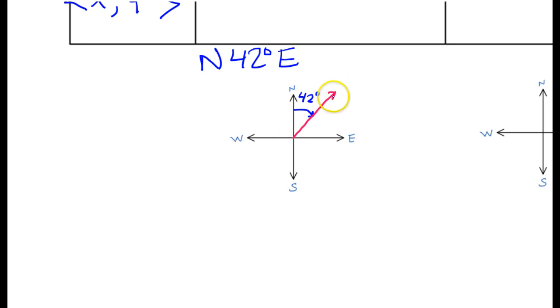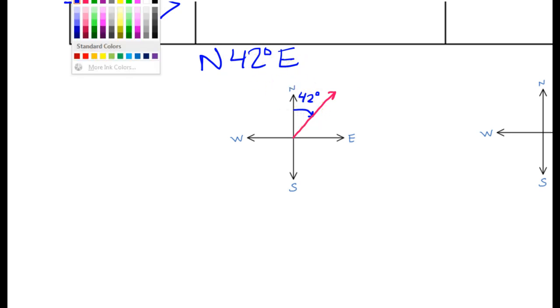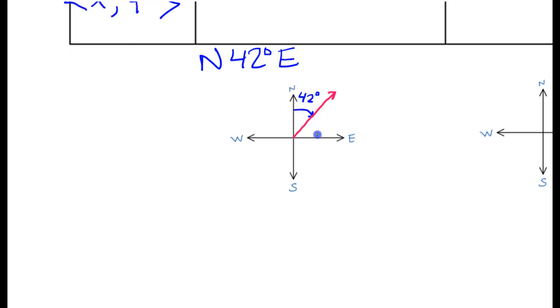Okay, so this is the position of the vector at direction north 42 degrees east. Now, the direction angle that we need for the chart has to be measured counterclockwise from the positive x-axis. So we need this angle theta.